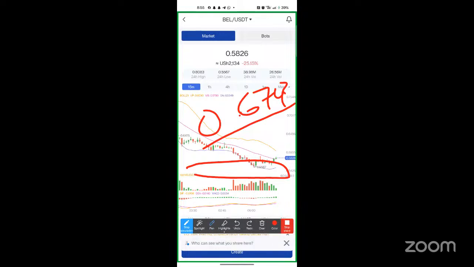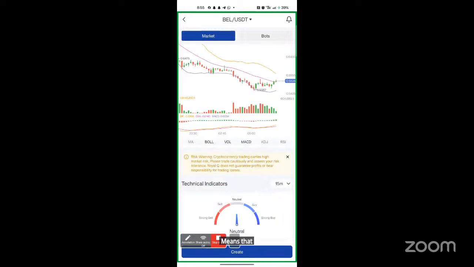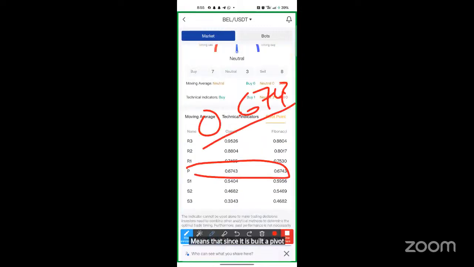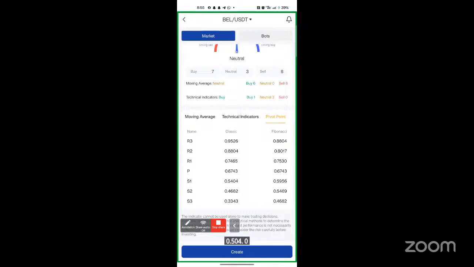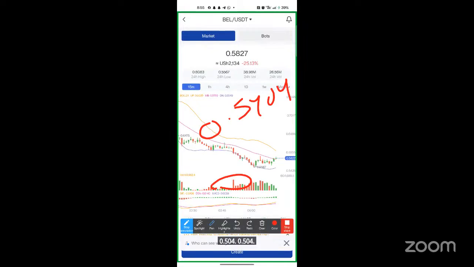It means that since it is below the pivot, 0.504, 0.5827. Is the coin above the support or below the support? Is the coin above support 1 or below support 1?